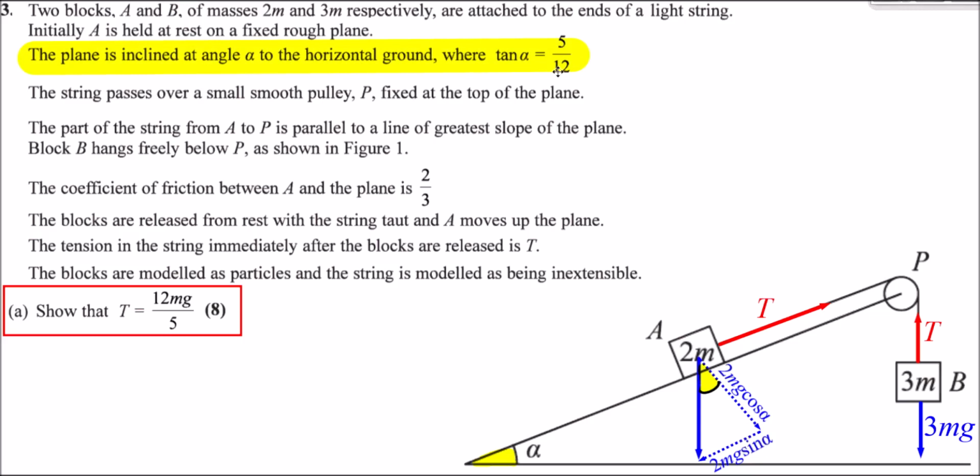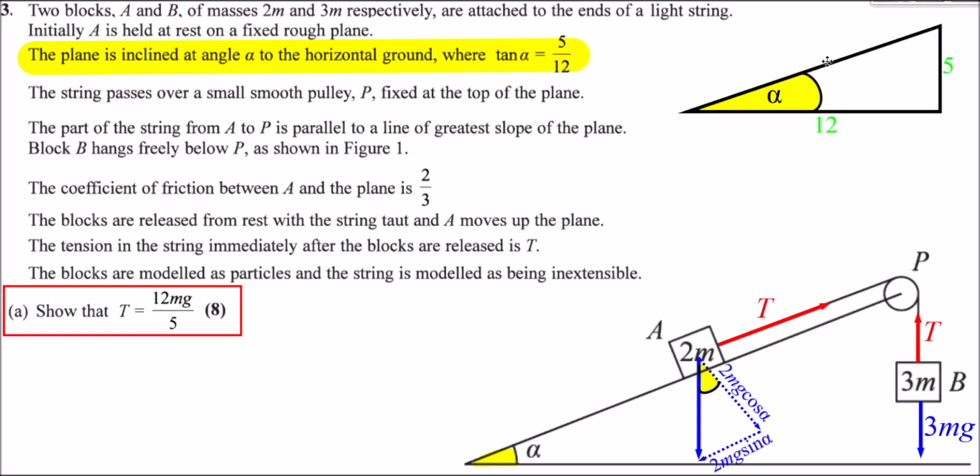Well, if tan alpha is 5/12, we can imagine a right-angled triangle where that's the case. Tan is the opposite divided by the adjacent, so we can now sketch out a right-angled triangle with an opposite side of length 5 and an adjacent of 12, and the angle will be alpha, like so. Based off this little sketch, I can think about what the hypotenuse of this triangle would be, just by applying some basic Pythagoras.